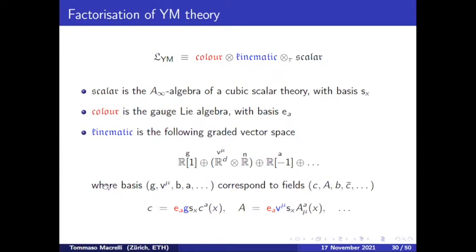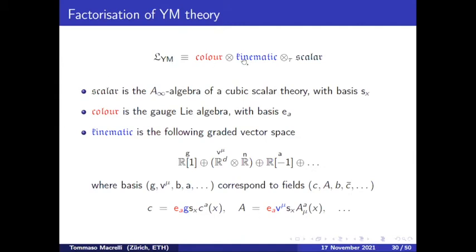And so the basis elements for kinematic will correspond to the Poincaré representations of ghost, gluon, Nakanishi-Lautrup field, BRST anti-ghost, as well as the Poincaré representations of the tower of auxiliary fields we need to strictify the theory.